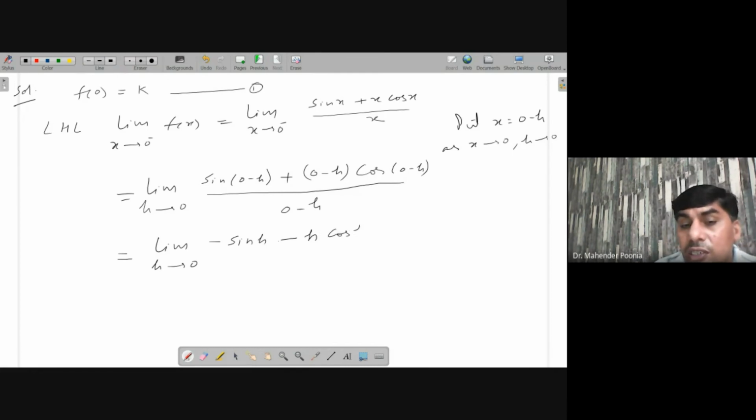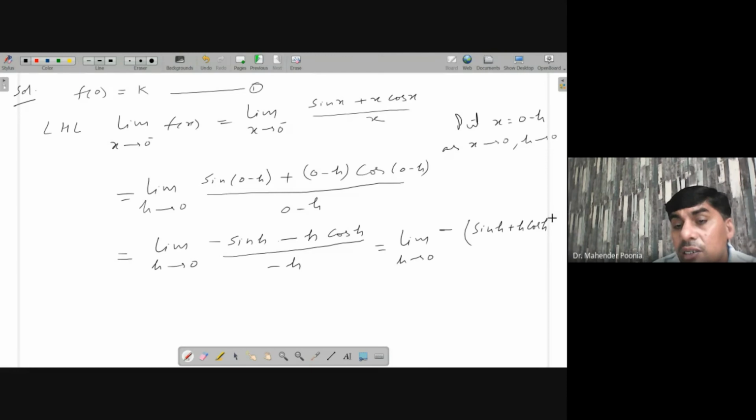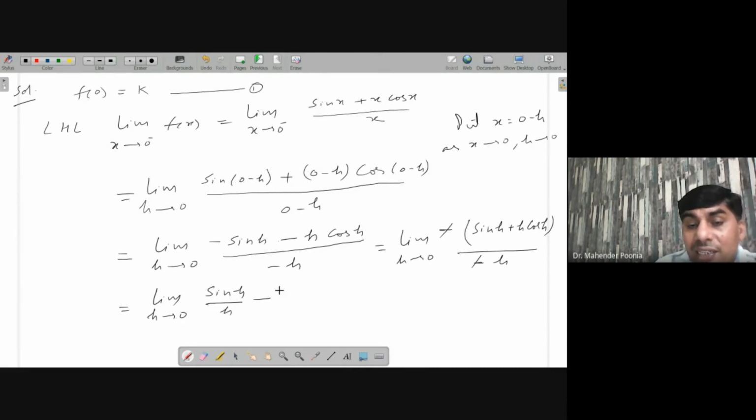That means cos h, right? Divided by minus h. We can write it as limit h tends to 0, taking the negative sign common, sin h plus h cos h divided by h, minus h. The negative sign is cancelled with the negative sign.